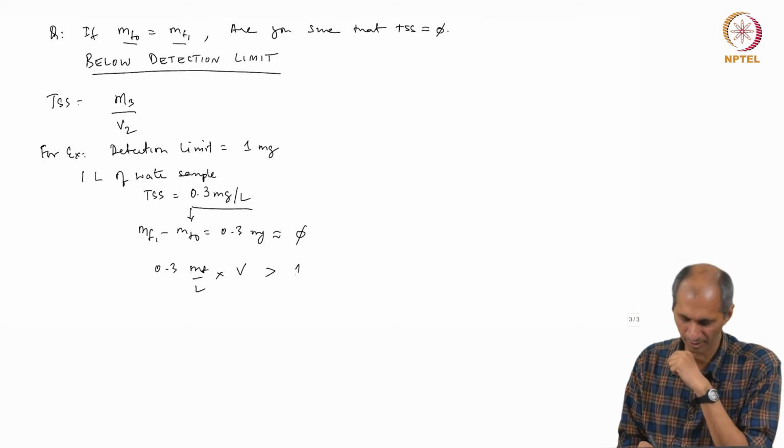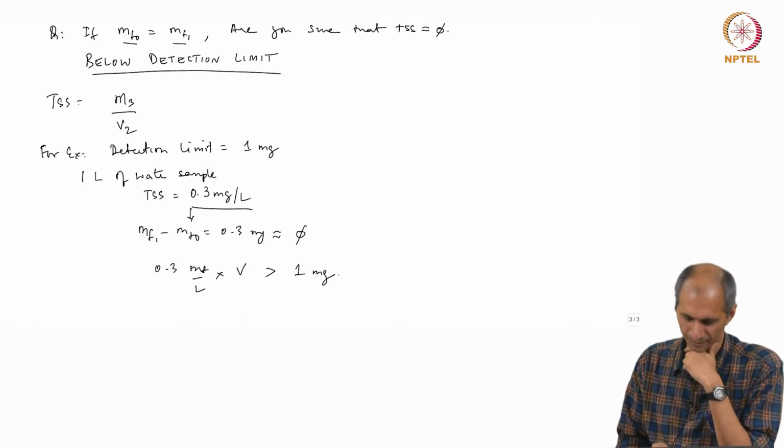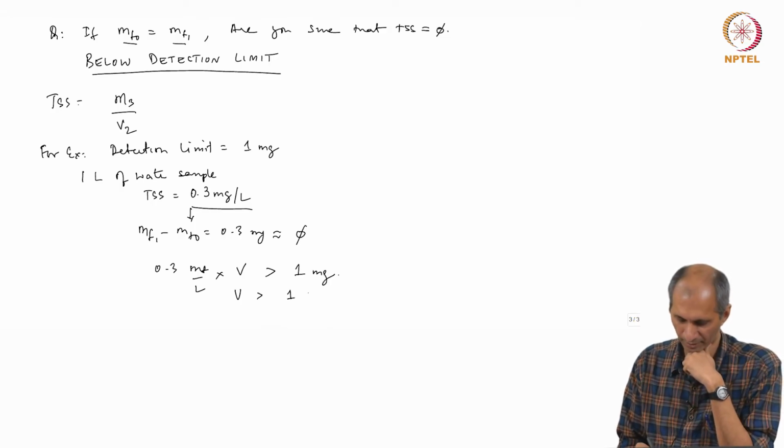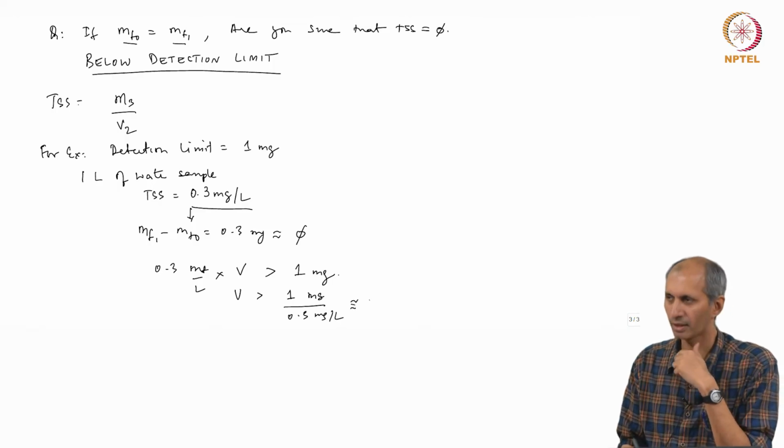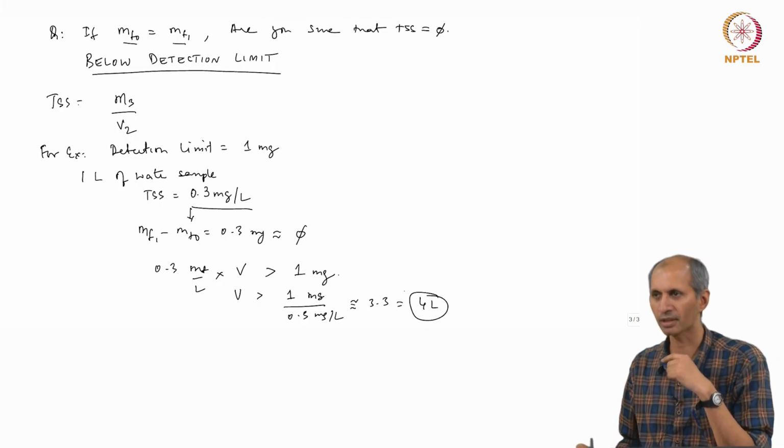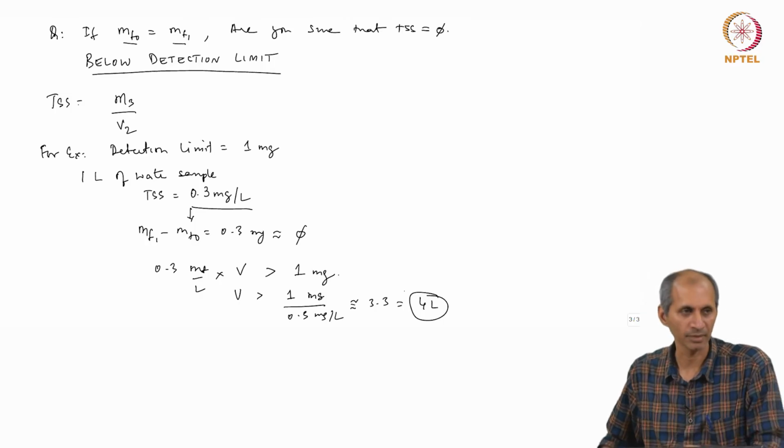In this case it is 1 milligram. So, my volume must be greater than 1 milligram divided by 0.3 milligrams per liter. So, it is at least around 3.3 liters or something. So, I will have to use at least 4 liters in order to see something.